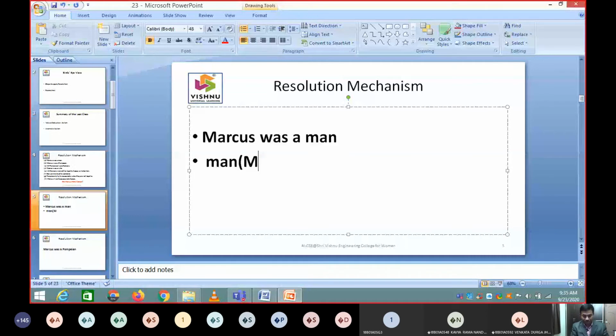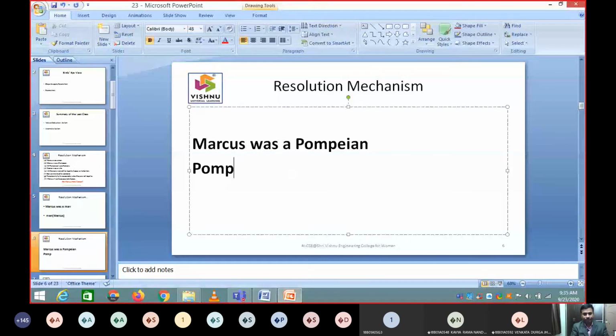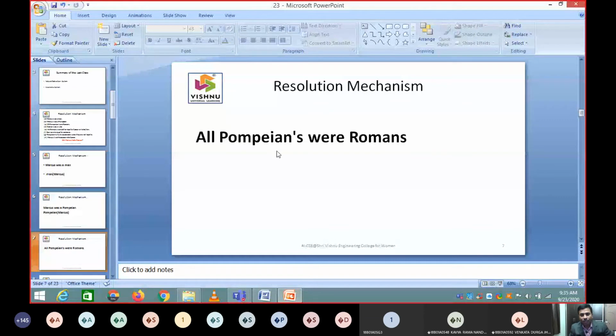So this is what we have seen yesterday. A more general entity or a more specific entity can be taken. Many times we take the verb also. Marcus was a Pompeian, so Pompeian is more general and Marcus is specific. All Pompeians were Romans.